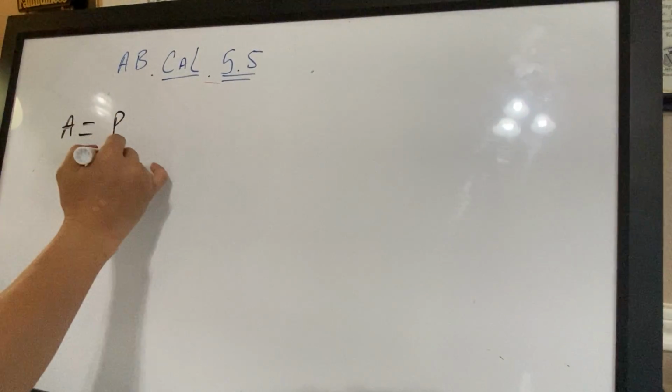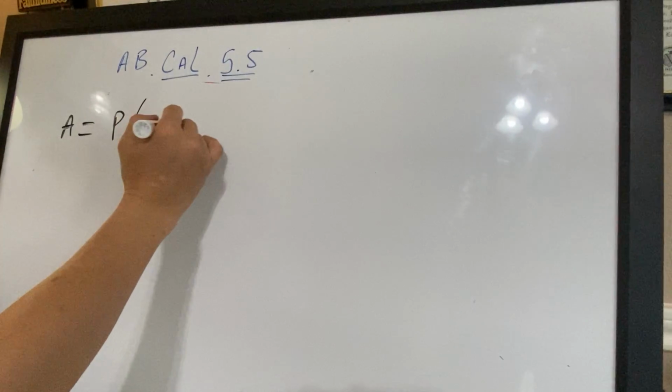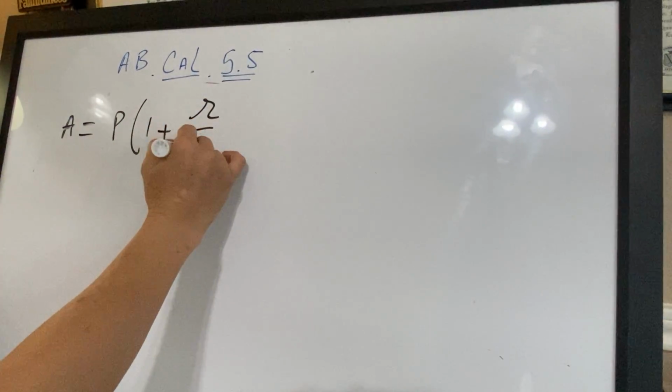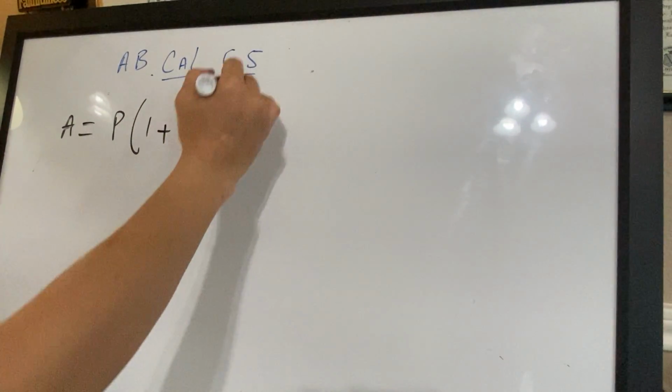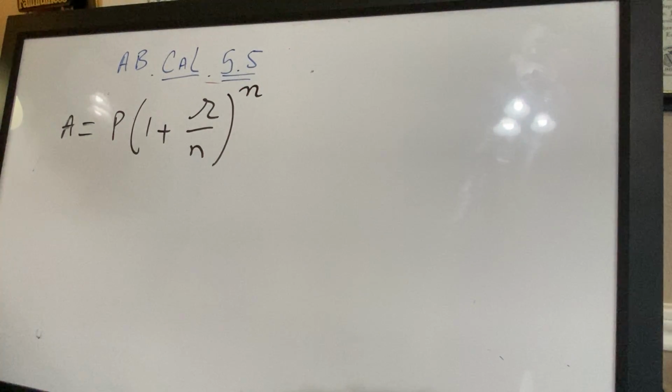You are no stranger to this formula right here, and you sometimes wonder where it comes from, Mr. Dan. You have it written in this form, 1 plus r over n, and the whole thing to the n power. This is the formula that you will see for annual interest with rate r.